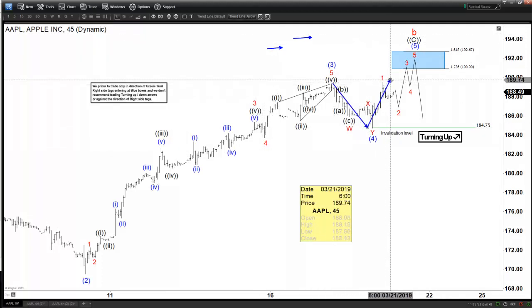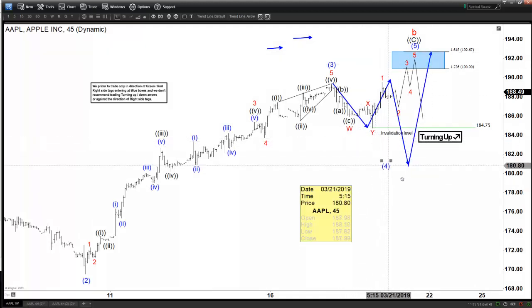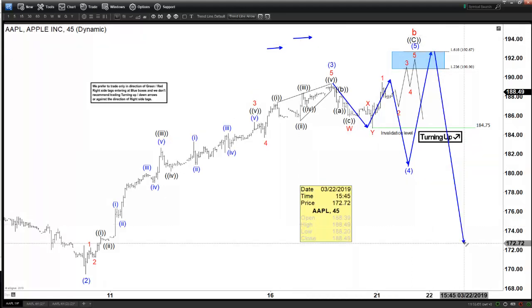So the shorter cycle is always messy, right? The shorter the time frame that you're looking at, the more oscillation you can get, the more noise you can get. So you can do a flat with one more push higher before ending this entire B, and then start to roll.